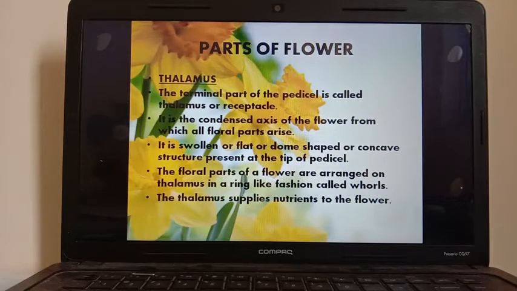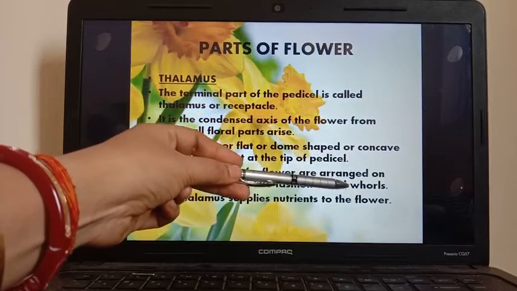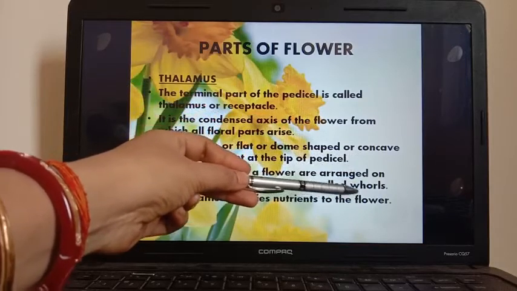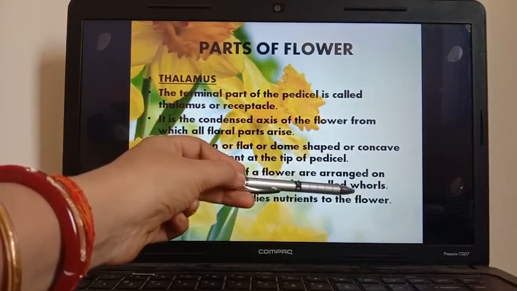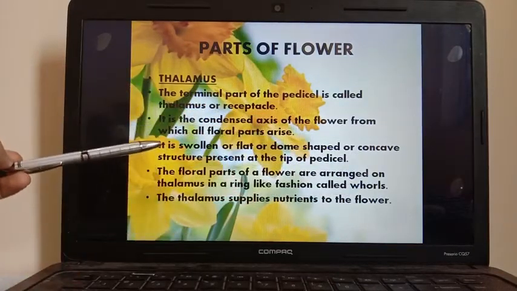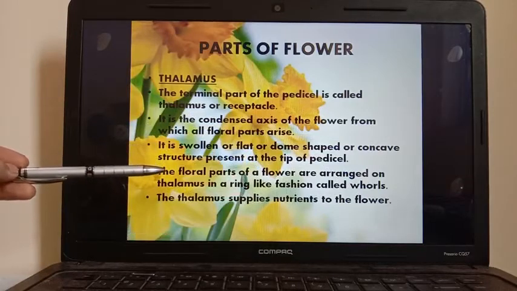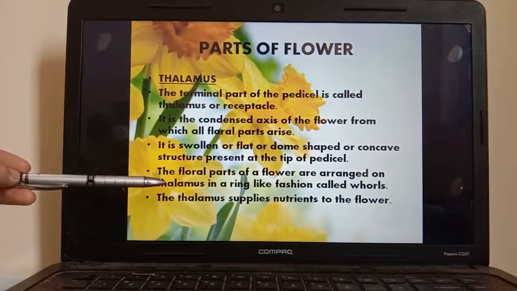The floral parts of a flower are arranged on thalamus in a ring-like fashion called whorls. So this whorls term is very important. Remember that, because this word will be used in so many places in the chapter. So what is the whorl? The floral parts of the flower are arranged on the thalamus in a ring-like fashion.